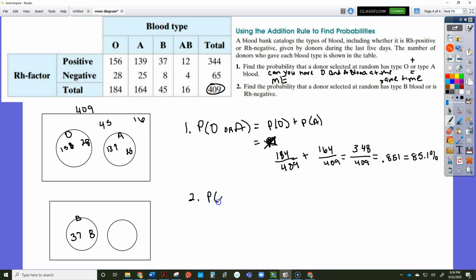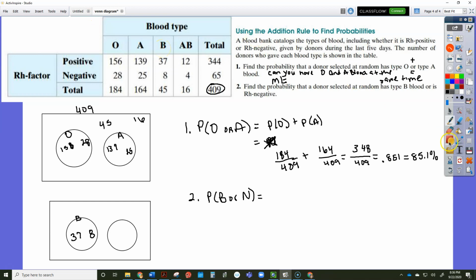So I'm going to say the probability of having B or having negative. So my question is always the same. Can I have type B blood and have RH negative blood at the same time? And the answer is yes. Yes, you can. Here is RH negative blood that's also B blood at the same time.